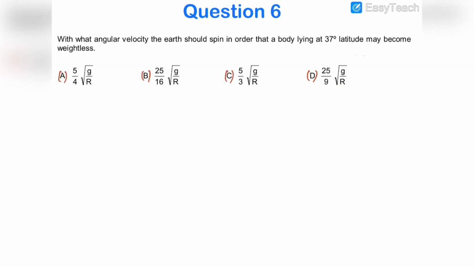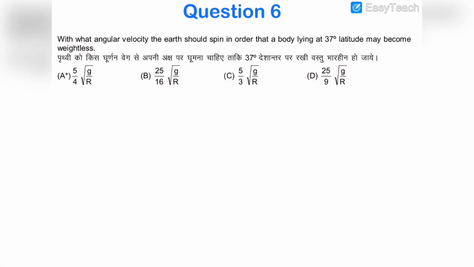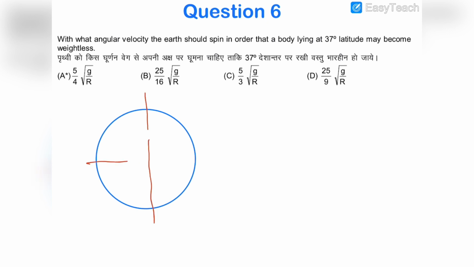In this question you can see that with what angular velocity Earth should spin in order that a body which is lying at 37-degree latitude may become weightless. Now what is 37-degree latitude is this point, and this angle is 37-degree.